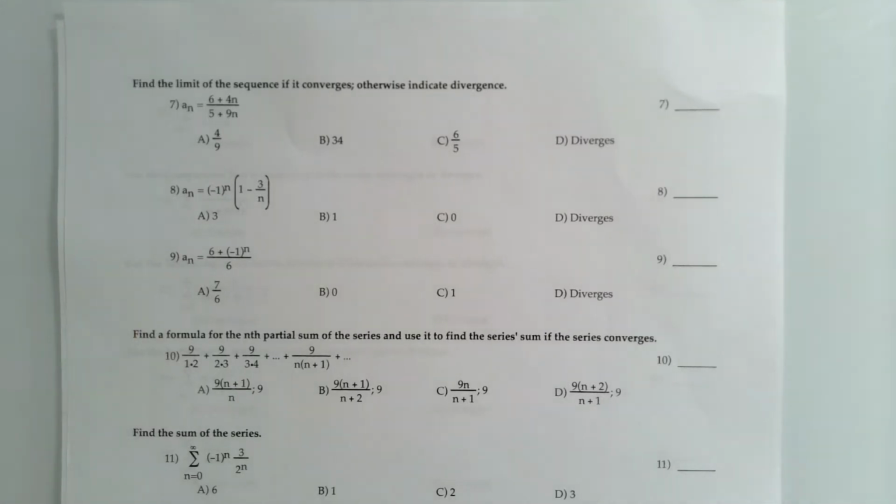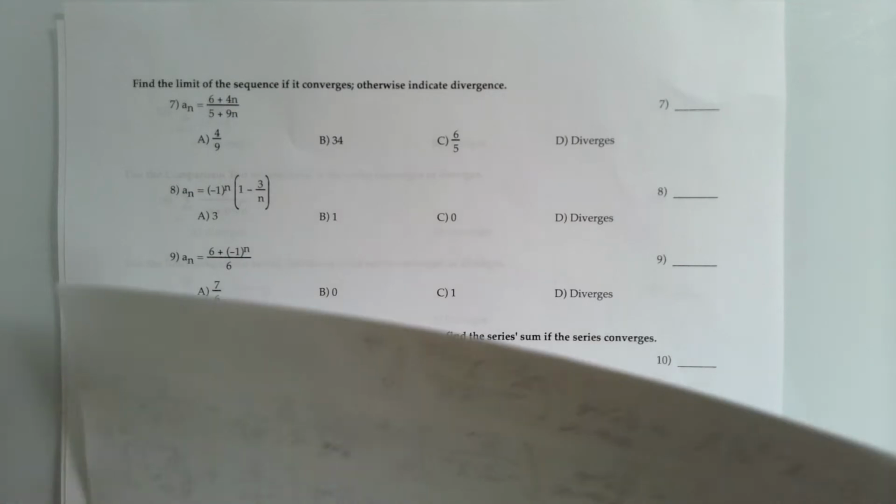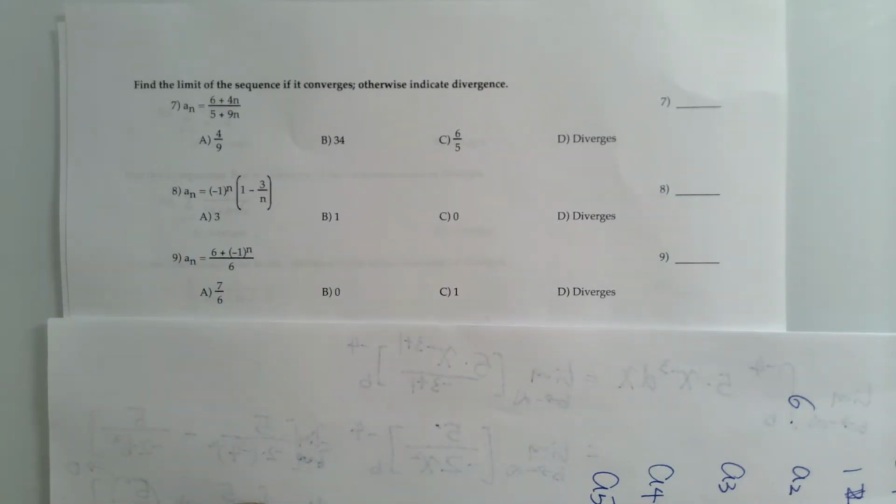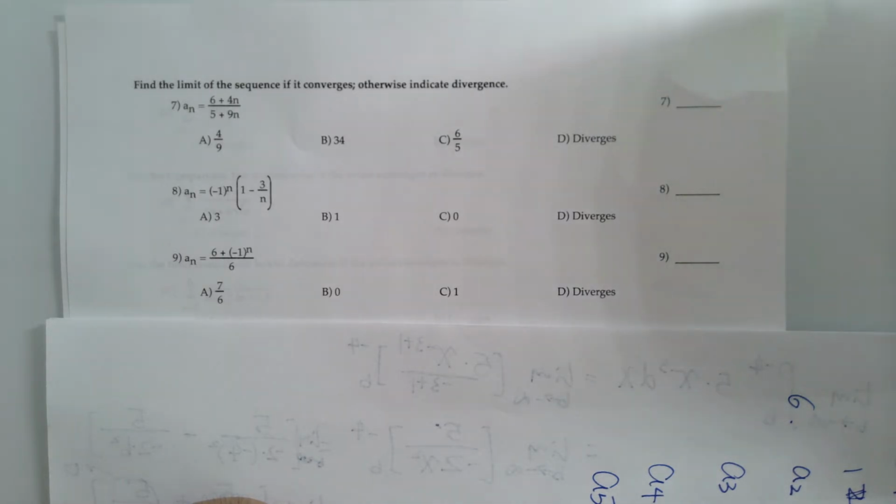Number 7 here says: find the limit of the sequence if it converges, otherwise indicate it diverges. Talking about whether a sequence converges or not means that if you take the limit of this an, that limit exists.